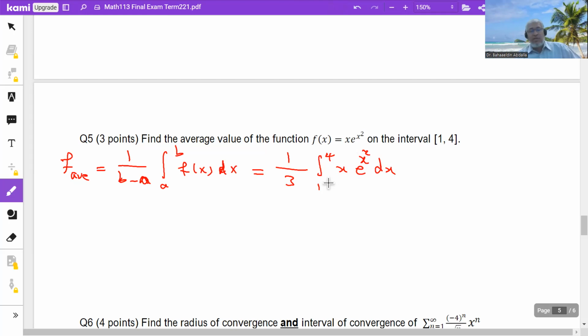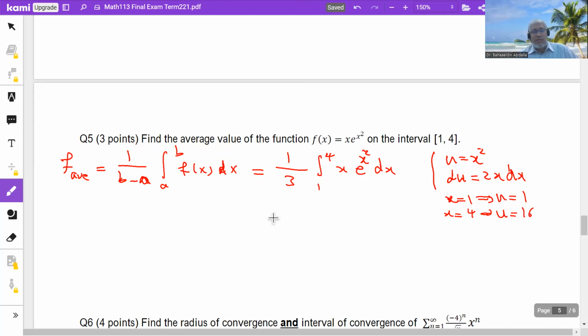Now we need to find the integral of x e to the x squared. So I'll take u equals x squared. Then du would be 2x dx. And when x is 1, u would be 1 squared, which is 1. And when x is 4, u would be 4 squared, which is 16.